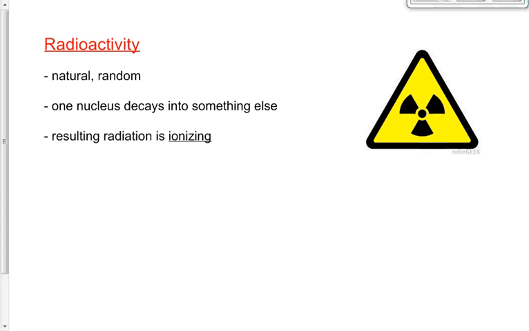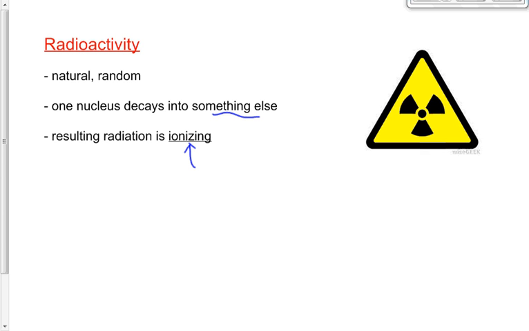It's completely outside of our control whatsoever. And you know what? Human beings don't like that. We like to control things. We don't control radioactivity whatsoever. It's a natural process, and it's a random process in which we produce not only a new element, but also radiation of some type, ionizing radiation of some type.